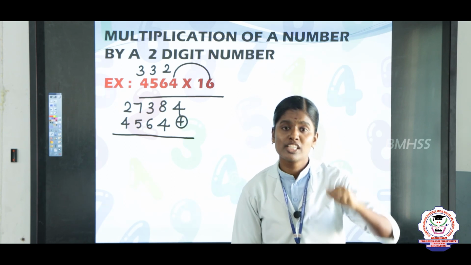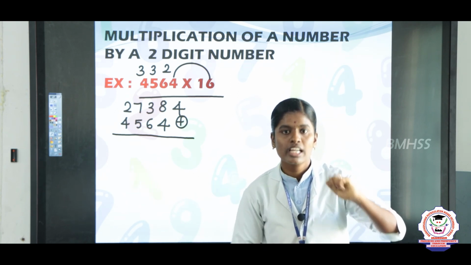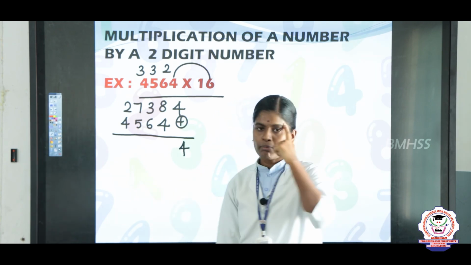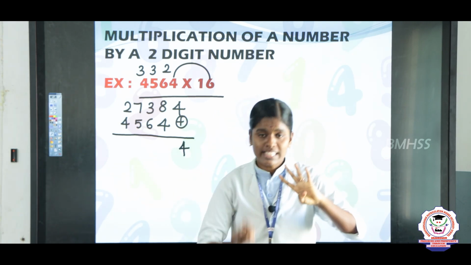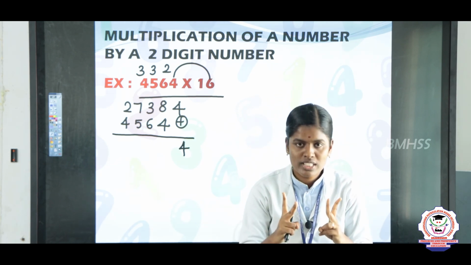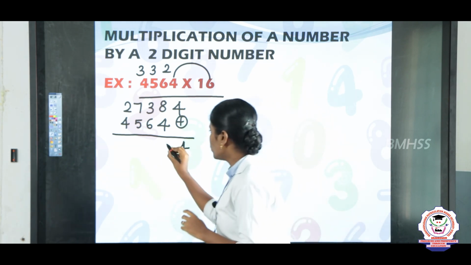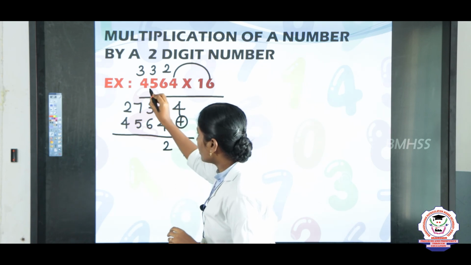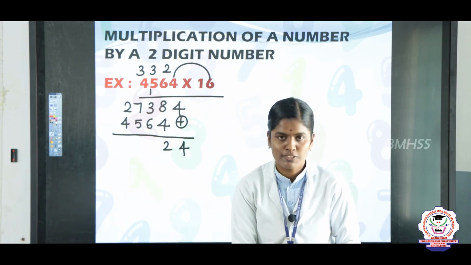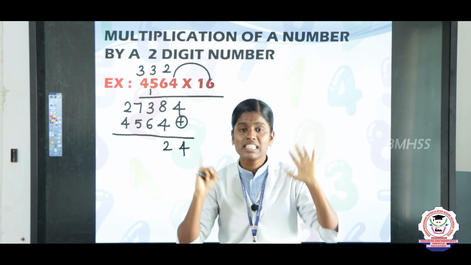4 in the mind, 0 in the finger. So what is the answer? The answer is 4. Next we will take 8 in the mind, 4 in the finger. So 8 after 9, 10, 11, 12. So here you got 2 digit number 12, right? 2 and then 1. Next, you will take 3 plus 1. 3 plus 1, the answer is 4. So keep 4 in the mind, 6 in the finger.